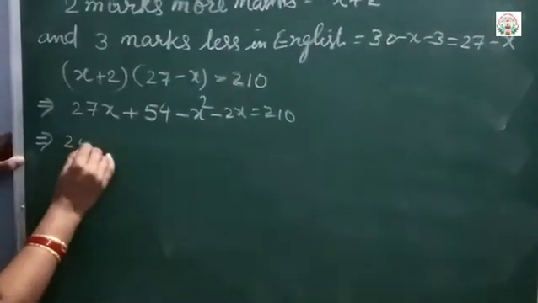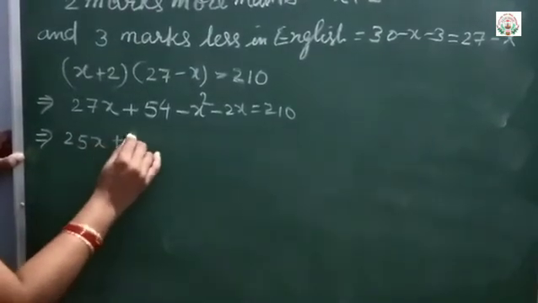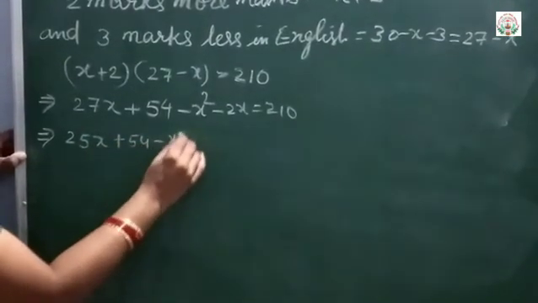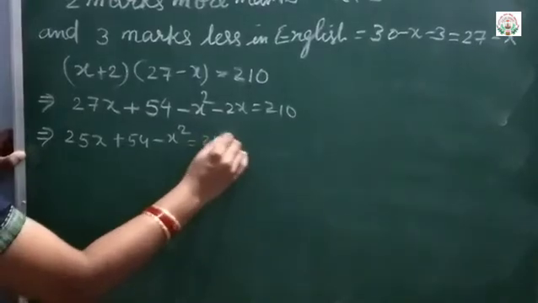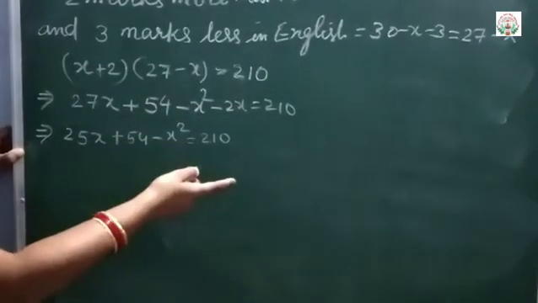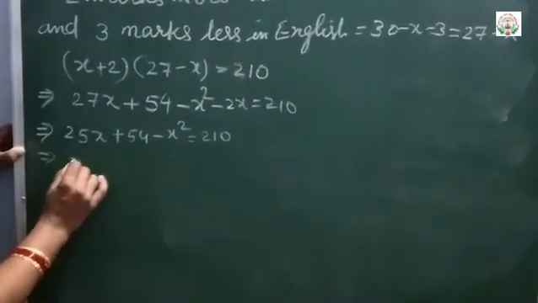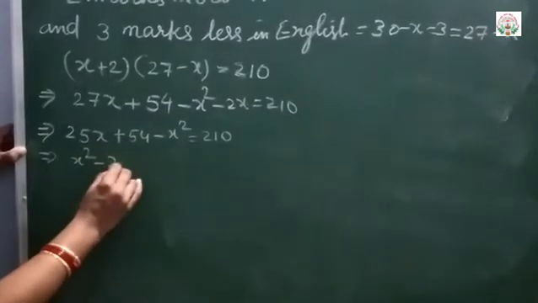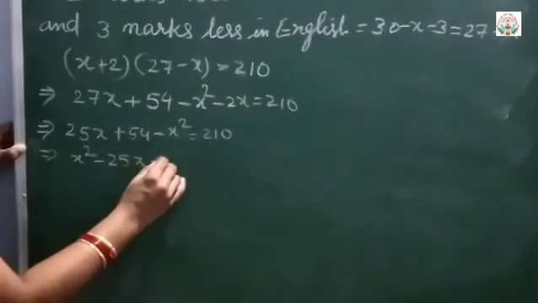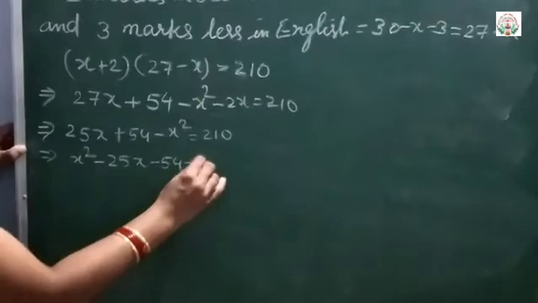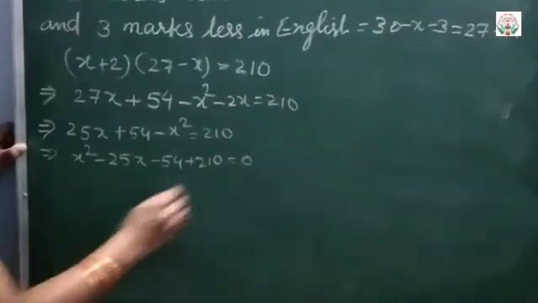So it will be 25x plus 54 minus x square equals 210. Take everything to the right side. What you'll get? x square minus 25x minus 54 plus 210 equals 0.